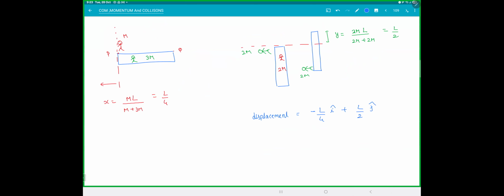So first, let only A walk. And B is fixed to the plank. So the question becomes similar to a plank of mass 3m then.